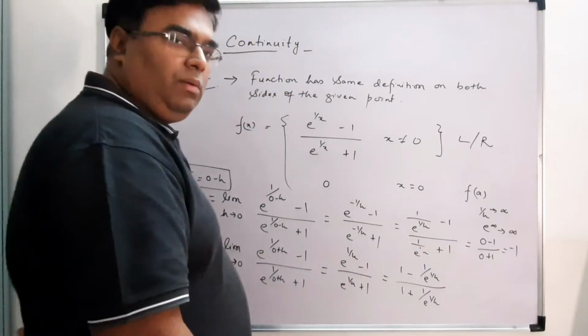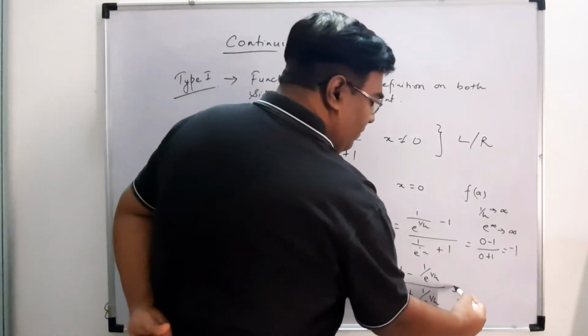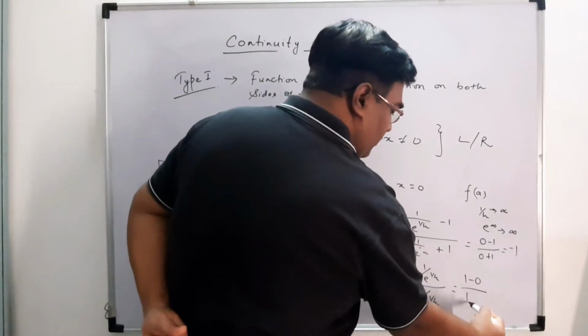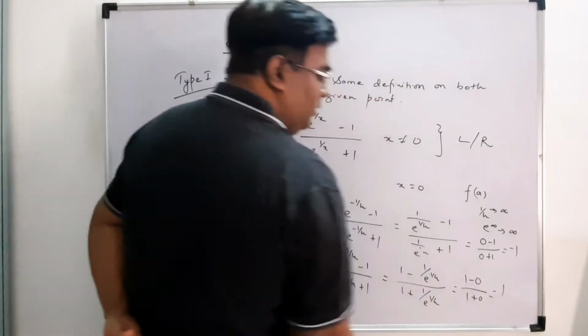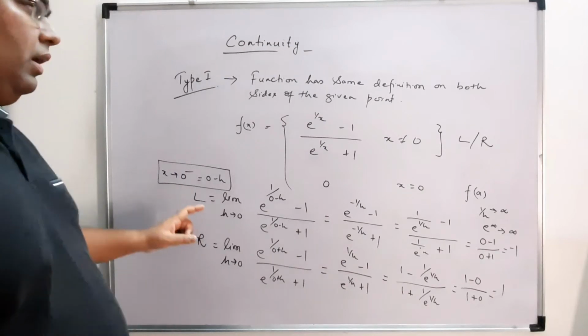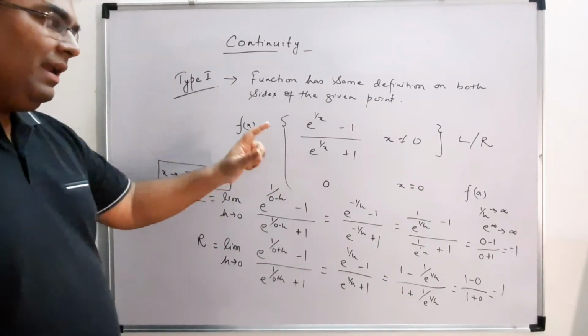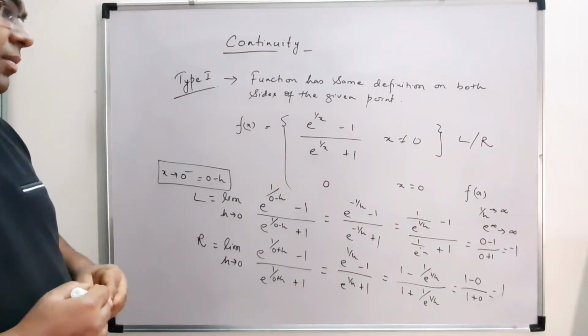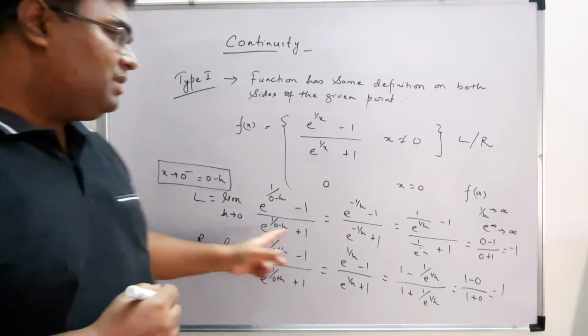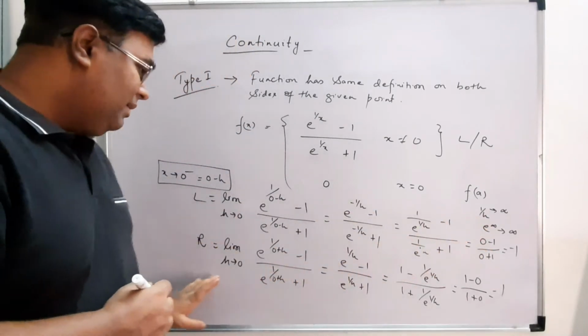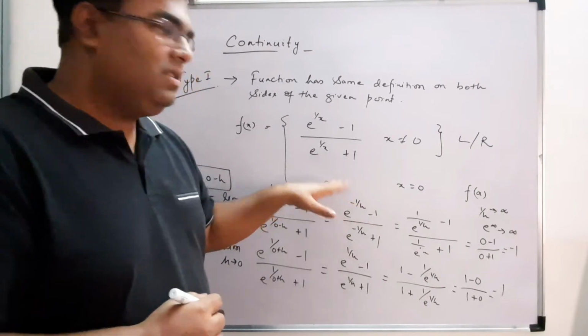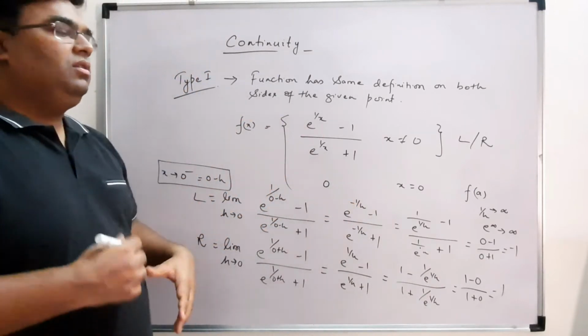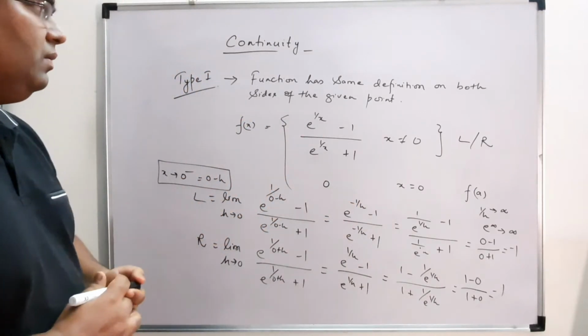So 1 by e^(1/h) becomes 0, giving (1 minus 0) upon (1 plus 0). So our L, R and f(a) are all different from each other. Left hand limit is -1, right hand limit is 1 and f(a) is 0. So this function is not continuous at x equal to 0.